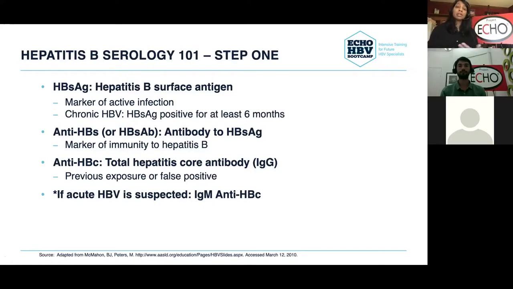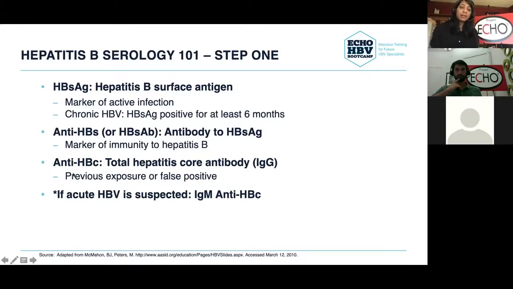Now, there are at least 2 different ways in which you can acquire immunity. One is through prior infection. In those people who clear infection, so they clear their surface antigen, they will go on to develop surface antibody, but that doesn't happen in everybody, as we just discussed. And then you can also acquire immunity through vaccination, right? We have a highly effective hepatitis B vaccine. So the presence of surface antibody denotes protection or immunity, and that's lifelong immunity.